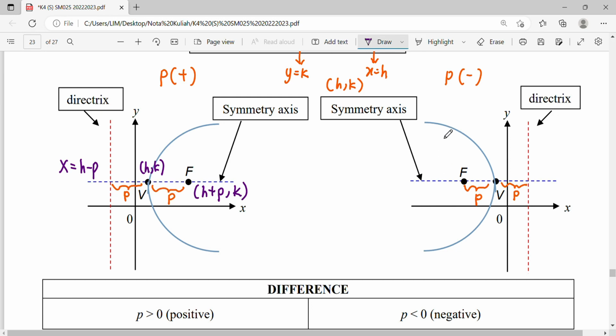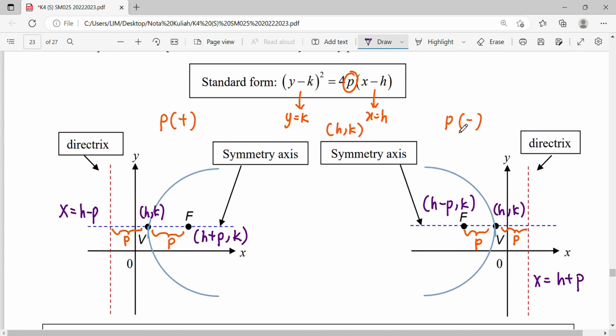For the parabola that opens to the left, where the vertex is (h, k), when you want to find the focal point, the x coordinate will be minus p, because from the vertex we are moving to the left for the focal point. So we subtract p units. The y coordinate does not change. Meanwhile, the directrix line will have an equation of x equals something. With p units to the right, this will be h plus p.